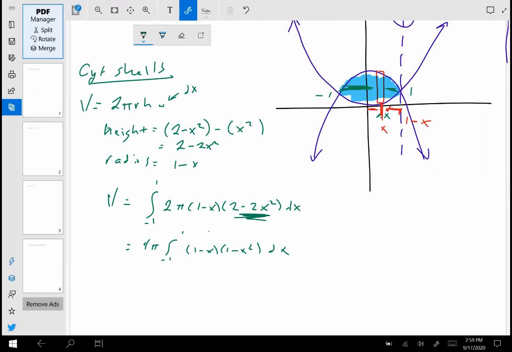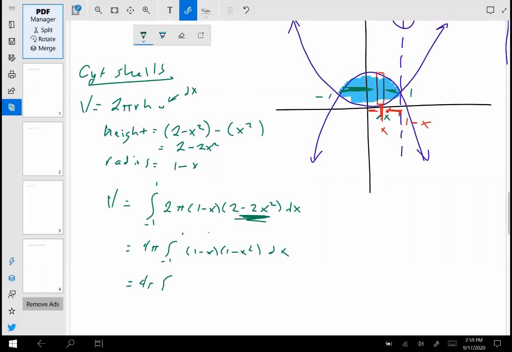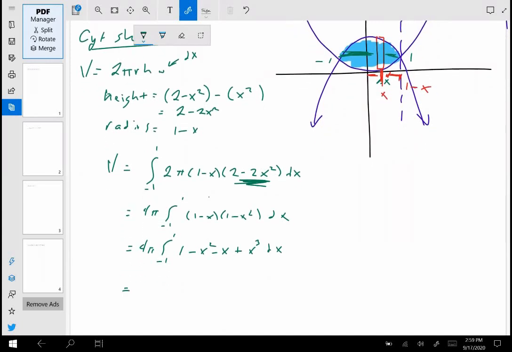That's why there's the 4 pi there. So you're going from -1 to 1.